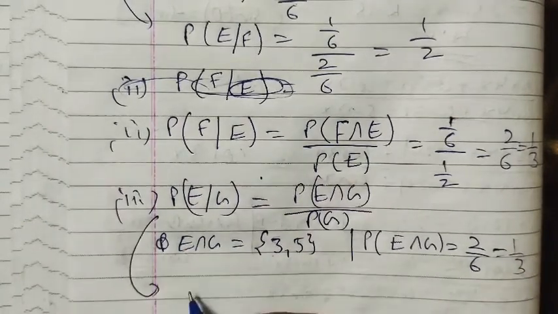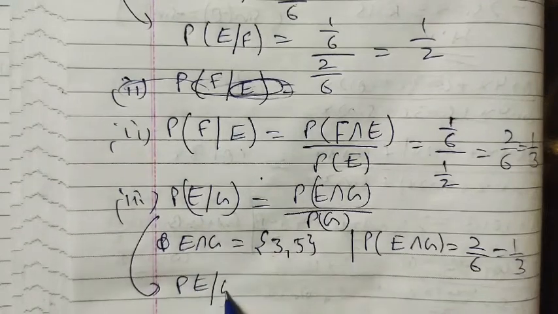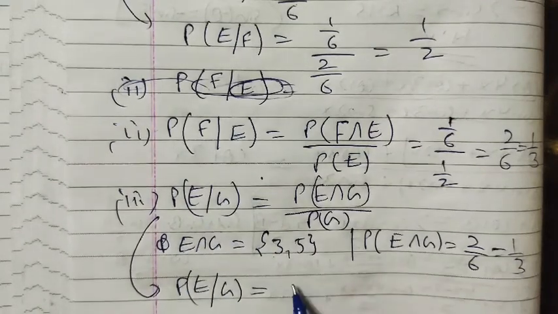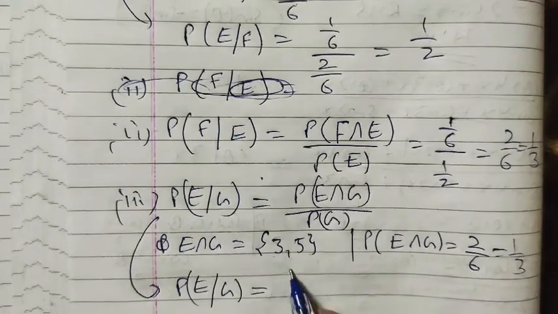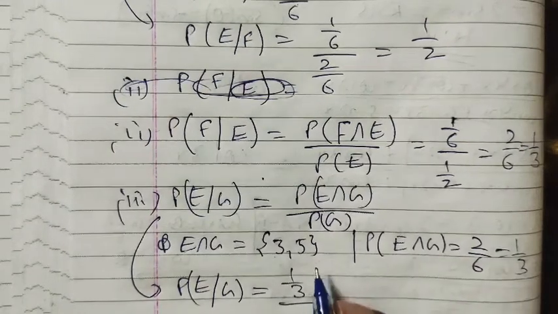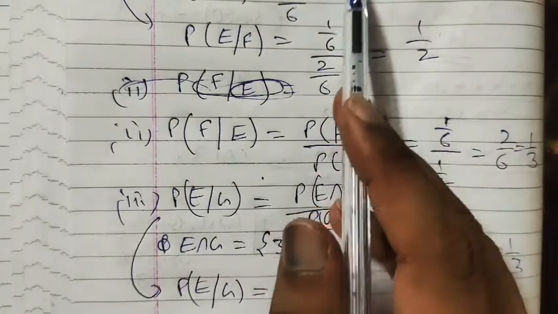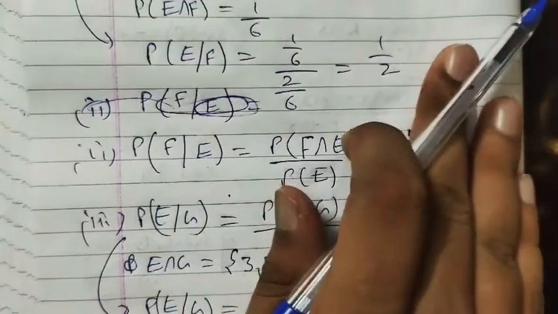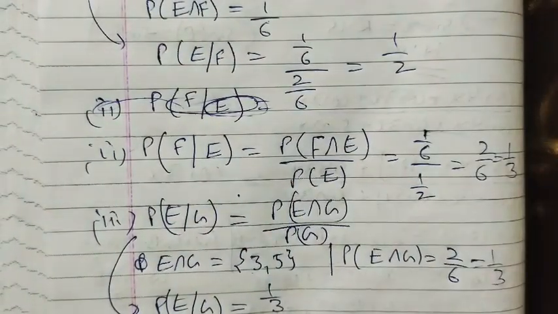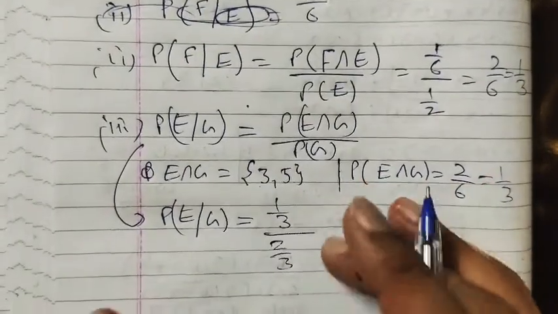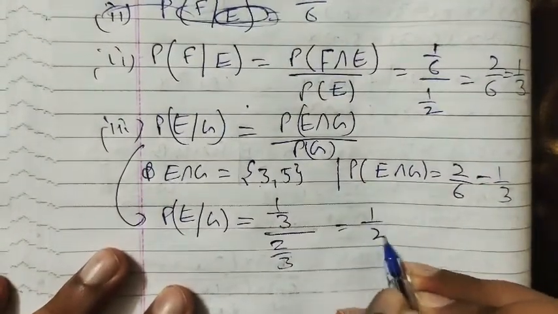So now using this formula, probability of E given G is equal to E intersection G, which is 1 by 3, upon probability of G. Probability of G we have already determined, it is 2 upon 3. So the 3s get cancelled, and the answer is 1 upon 2.